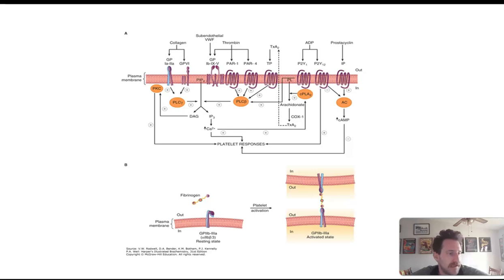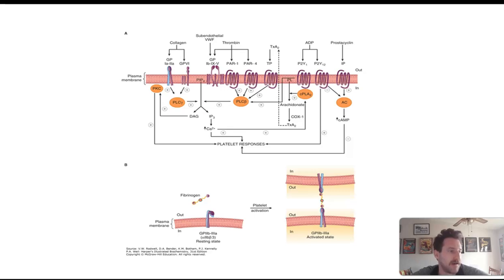This is an image that is in our textbook that describes the various processes involved for platelet activation and plug formation. There's a lot going on during this process that I have not delved into specifically in this lesson. I included this image to provide an illustration of how platelets bind each other via the glycoprotein 2b3a receptor.